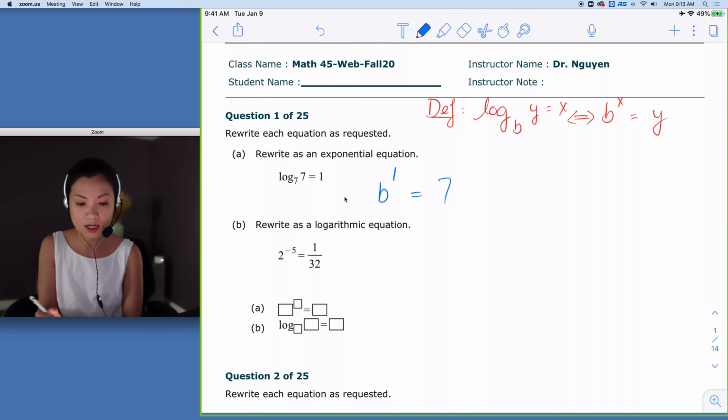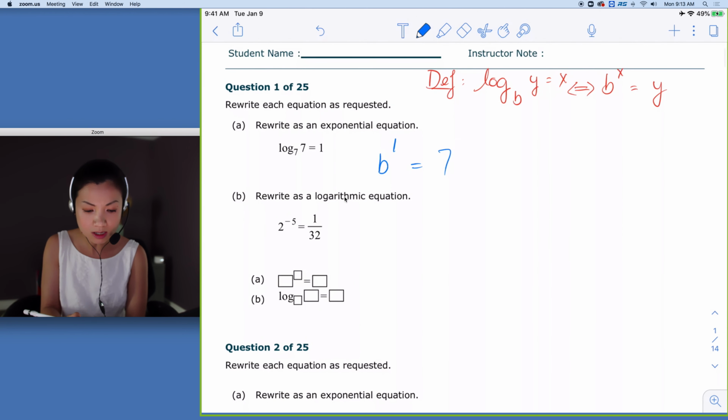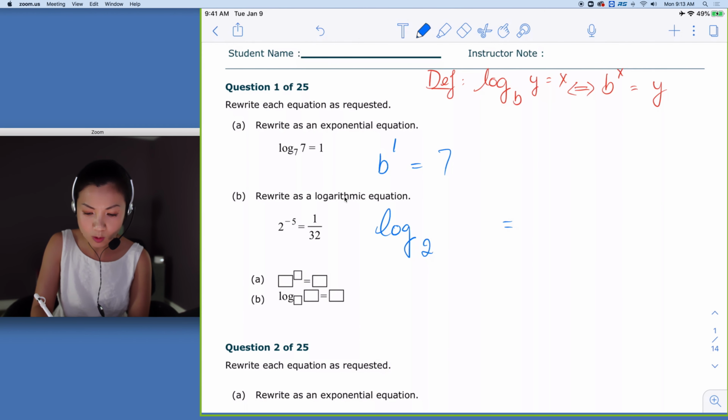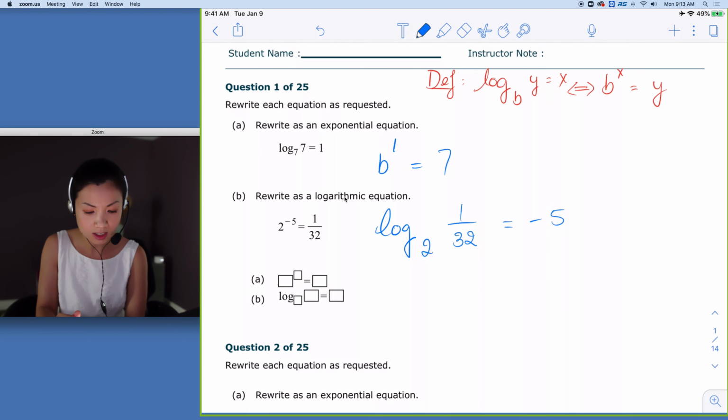That's the argument. For b, it's the opposite. So I'm going to put log. The base is going to be 2. I always write the exponents first, so I'm going to put negative 5 right there, and then 1 over 32. That's the argument.